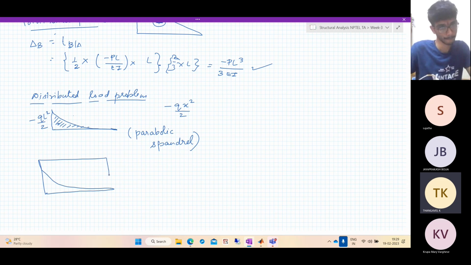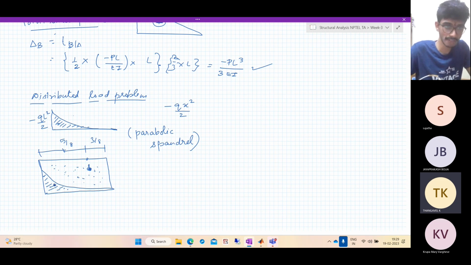Inside a rectangle, if you have a full parabola, this is what you call a parabolic spandrel, and this dotted region is what you call the parabola. For this region, it is 5 by 8, 3 by 8 and 5 by 8. For the dotted one, it is 5 by 8 and 3 by 8. This is where the centroid is. For this, the centroid is somewhere else. For this, the centroid is at, let me check.